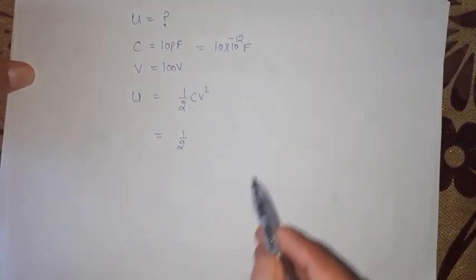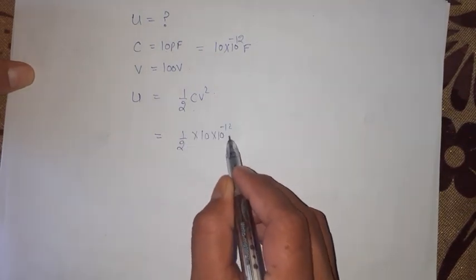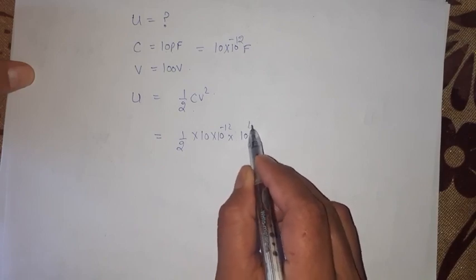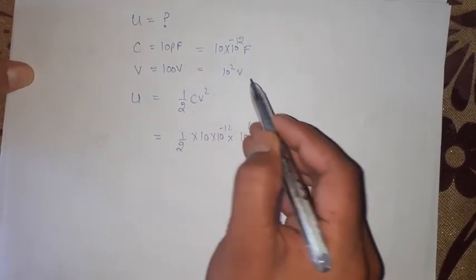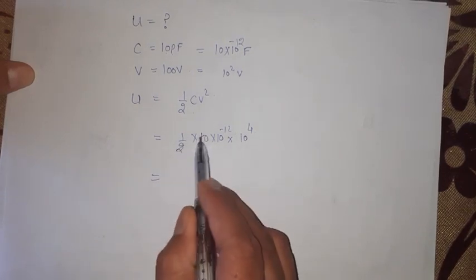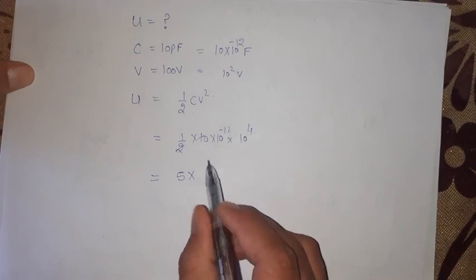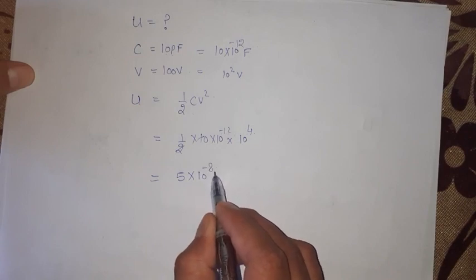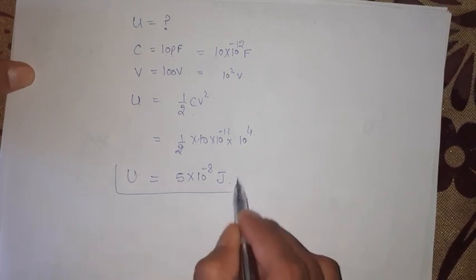Then V square means 10 to the power 4, because 100 you can write as 10 to the power 2, and it is the square of this. So finally I can have 5 into 10 to the power minus 12 plus 4, so finally it is 10 to the power minus 8. Okay, this is the energy, and energy is measured in joule.